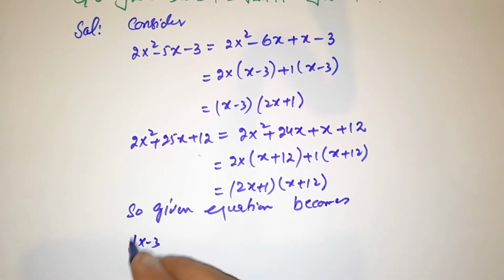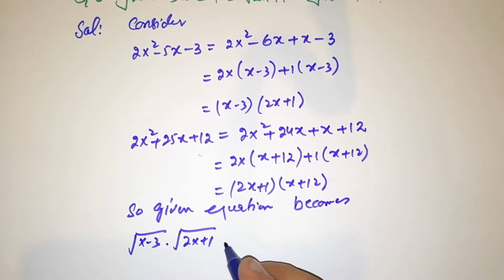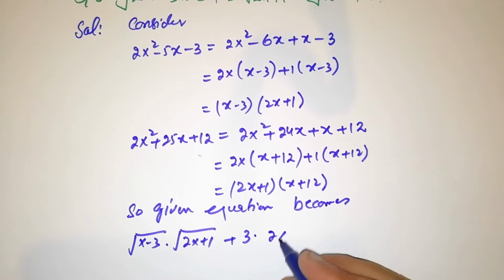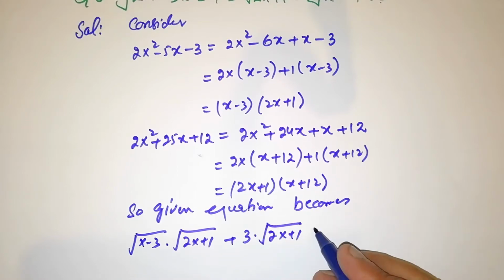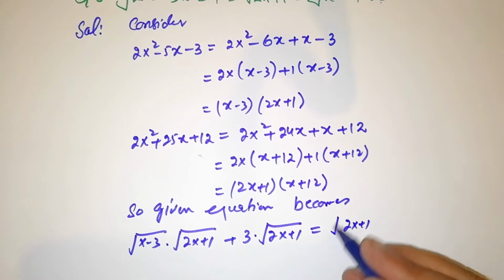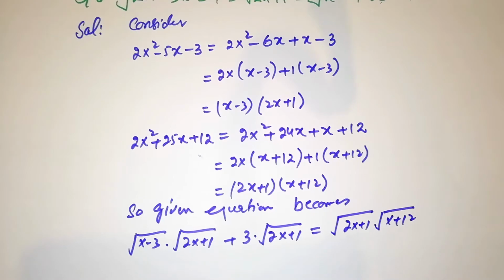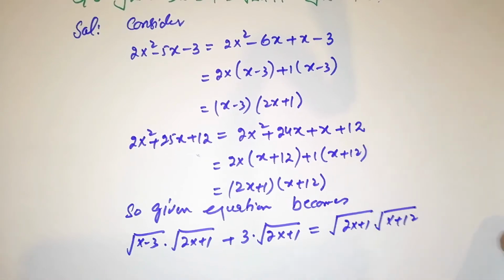square root of x minus 3 and 2x plus 1, plus 3 square root of 2x plus 1, that is equal to square root of 2x plus 1 and x plus 12. So students देखें, ये 2x plus 1 square root ये कॉमन है, इसे हम कॉमन निकालते हैं.